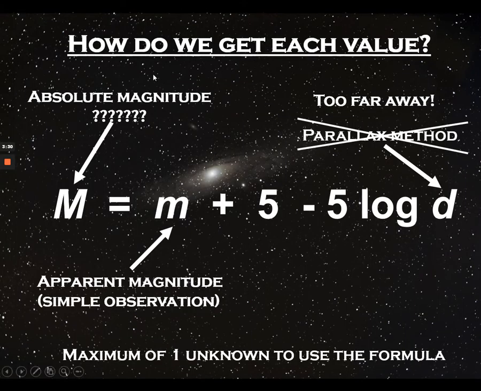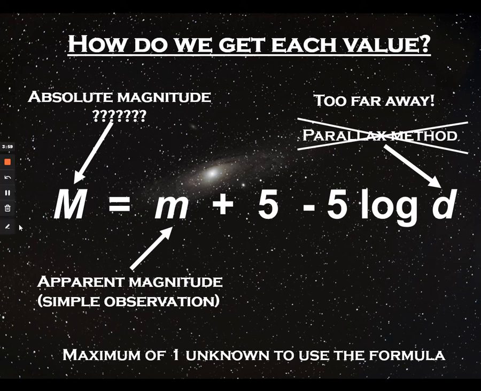So here's a bit of a messy thing here, which we would have seen before. So the apparent magnitude, how bright it appears, is just simple observation. You just take that. The absolute magnitude is calculated from Henrietta Swan Leavitt's approach, which is finding a variable star in the galaxy and figuring out how long it is between bright points, and then you can work out its absolute magnitude from that.